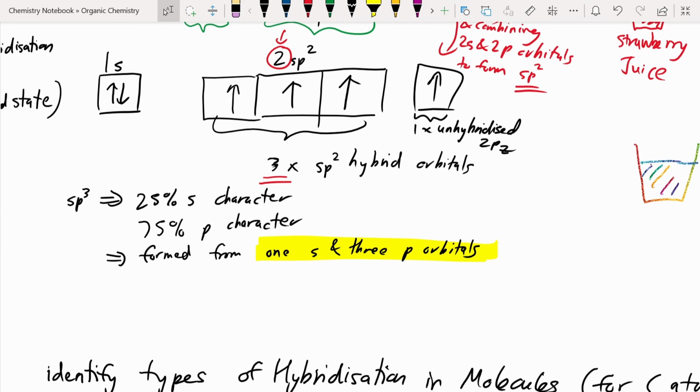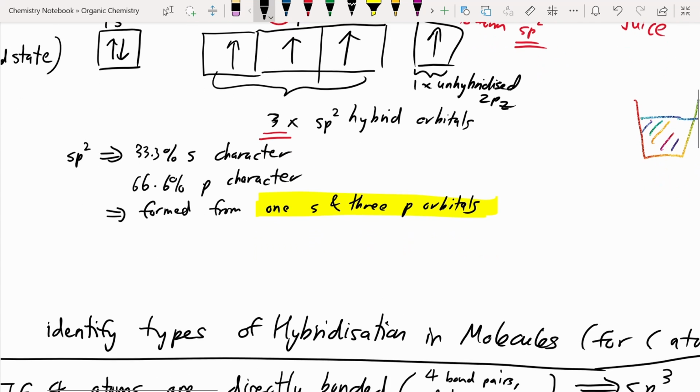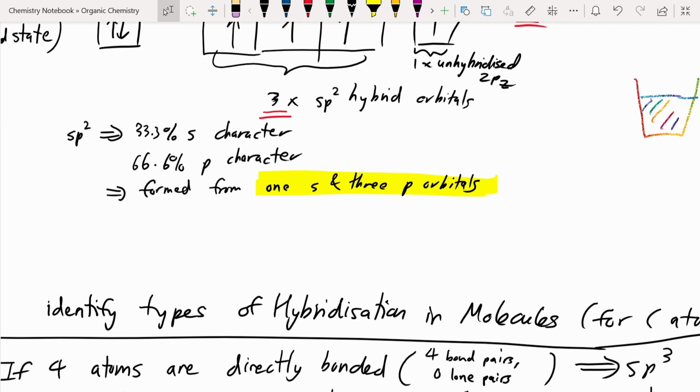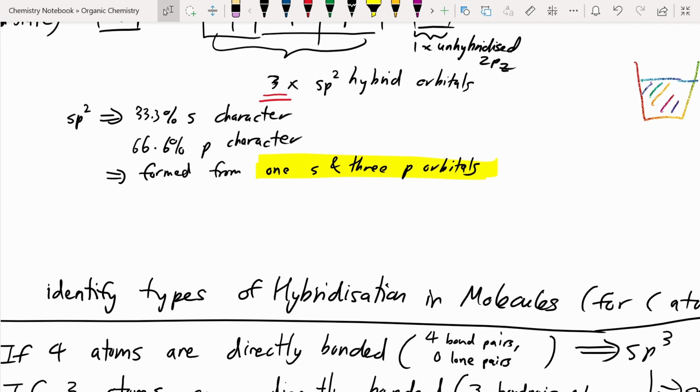Okay, sp2 will be around 33.3% s character, sorry, not 66, 33.3, and then the other one will be around 66.6% p character. It will be formed from 1 s and 2 p orbitals.